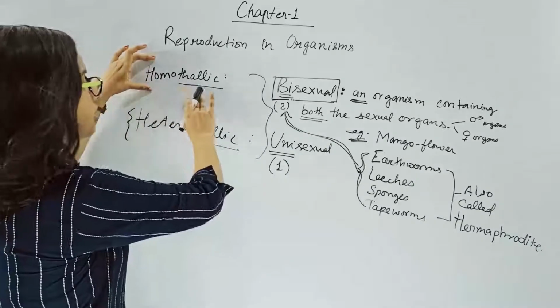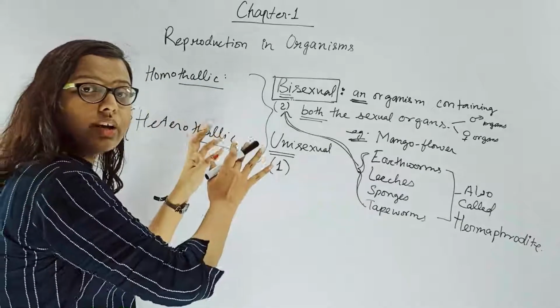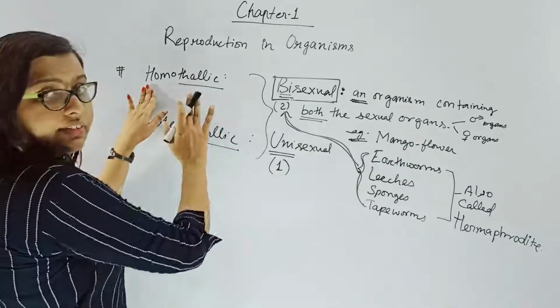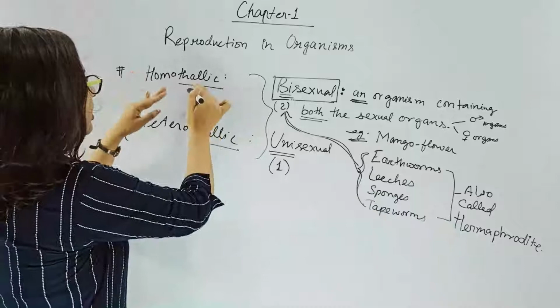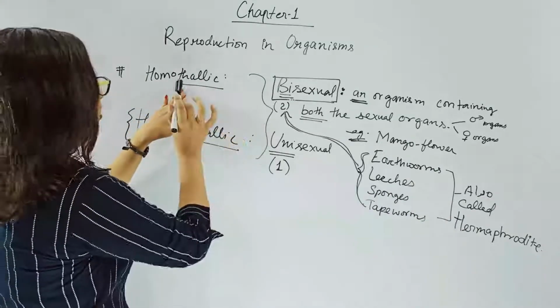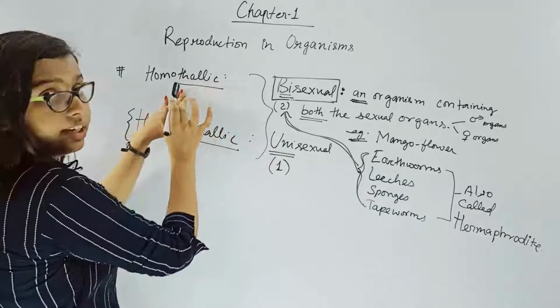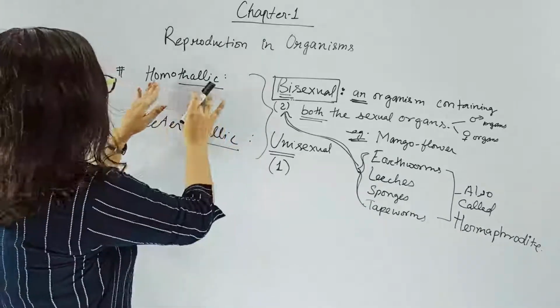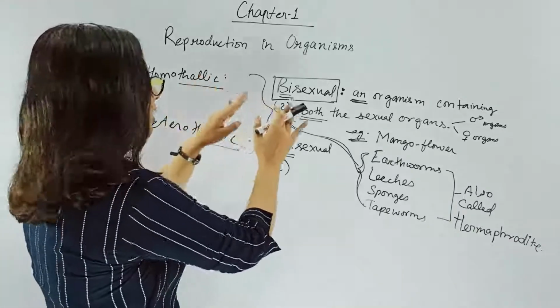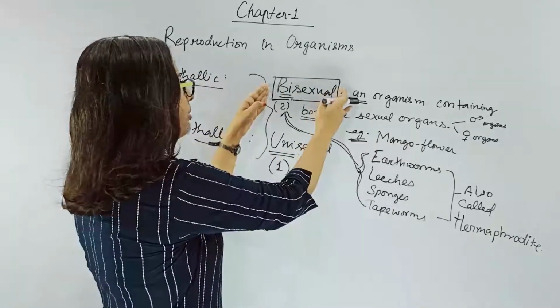Homothalic was also the organism containing both the sexual organs on same one body. But the only difference is that homothalic term is used only when the plant body is not well differentiated. Means when the plant body is in form of thallus, then we use the term homothalic. Otherwise, if the plant body is well differentiated, the term comes bisexual.